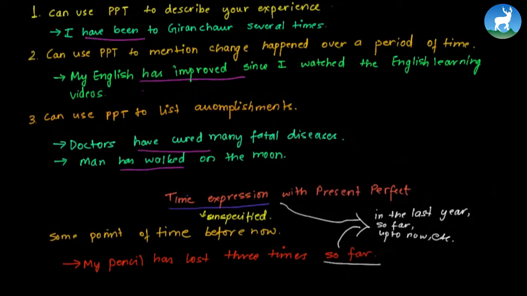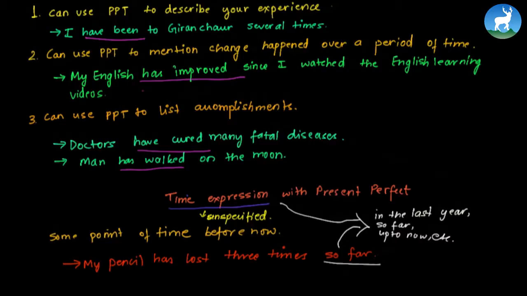Now I have listed some points where you can use the present perfect tense. You can use the present perfect tense to describe your experience. For example, I have been to Giranchor several times. You can also use it to mention change happening over time. That is, your English was not very good before, but since you've started to watch the videos, you've improved your English.